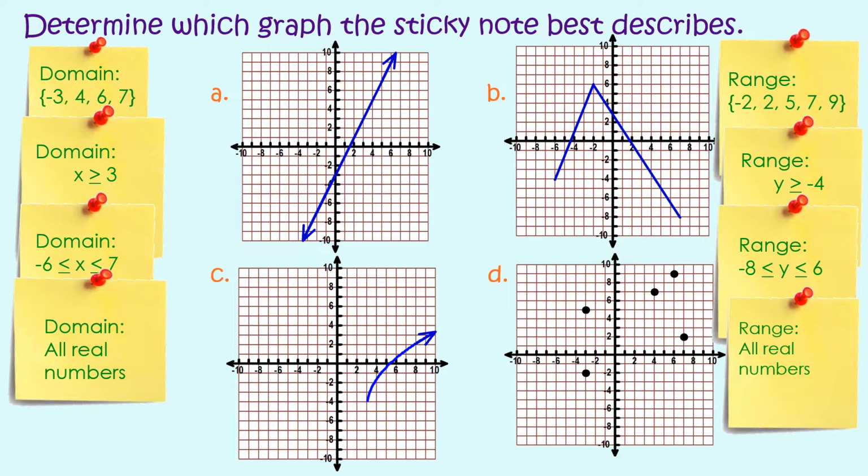Alright, so you're going to decide which sticky notes go with each graph. Okay, so looking at A real quick, you notice we have a continuous linear line. Okay, it's stretching continuously outside of my graph on both the x and the y.